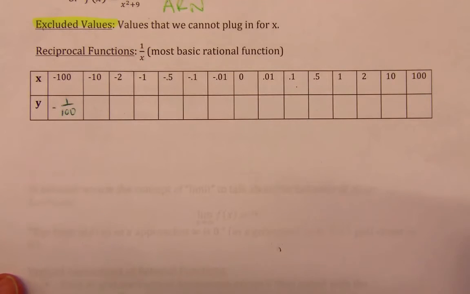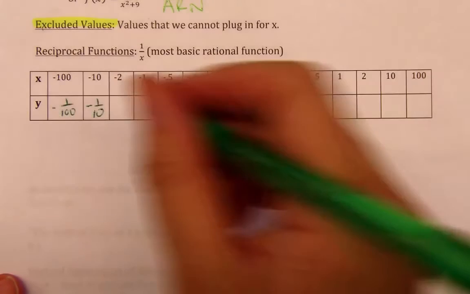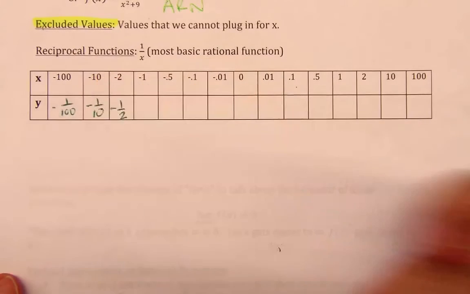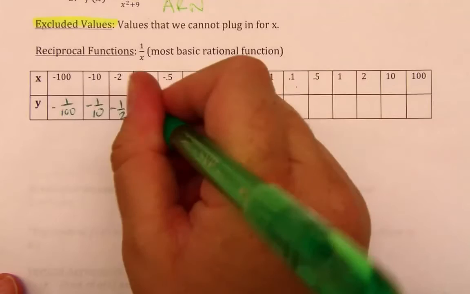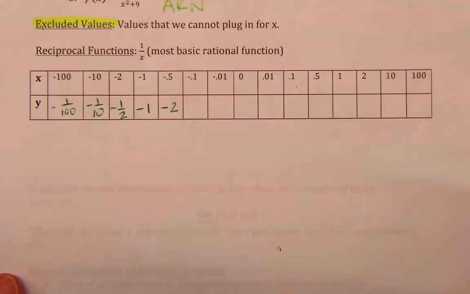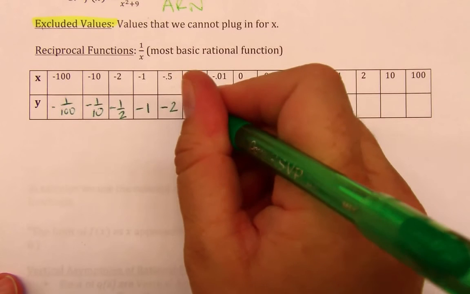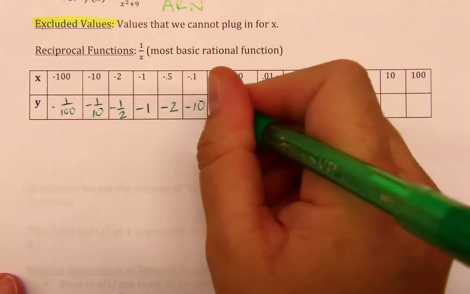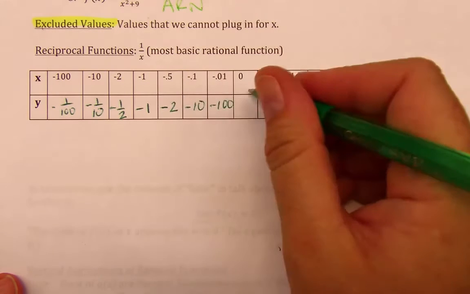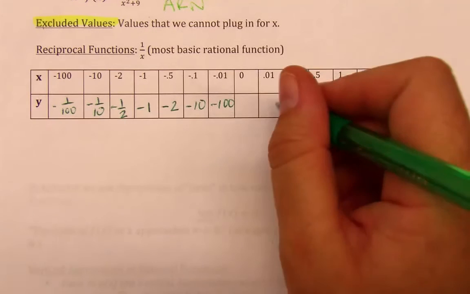Plugging in negative 10, we have negative 1 over 10. Plugging in negative 2, we have negative 1 half. Plugging in negative 1, we have negative 1. Negative 0.5 is going to give me negative 2. Plugging in negative 0.1 will give me negative 10. Plugging in 0, we know that that can't happen, so I'm just going to leave that blank for now.